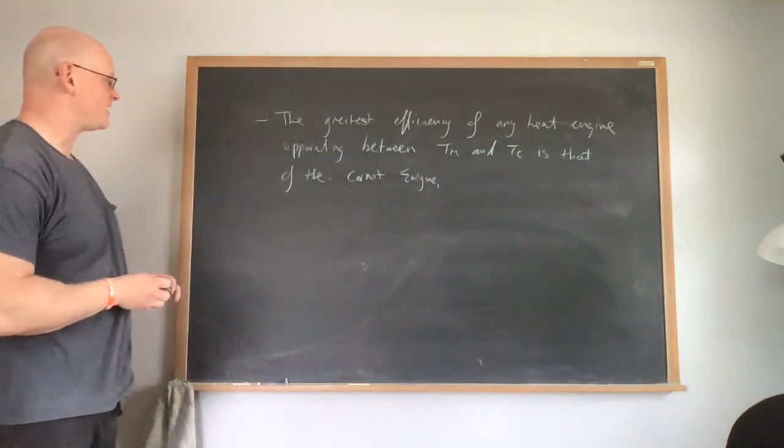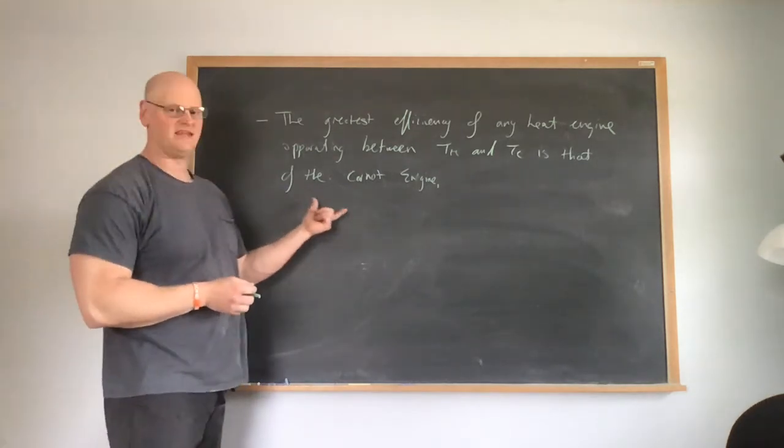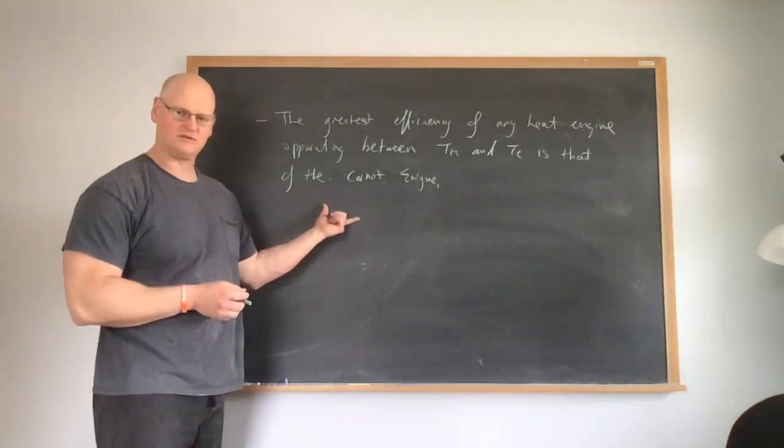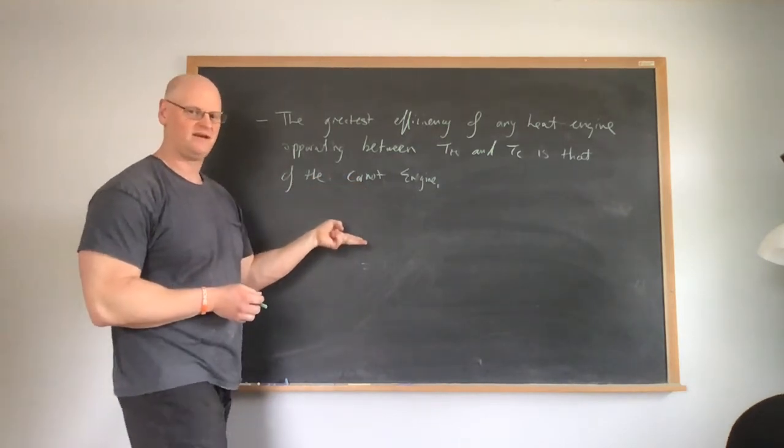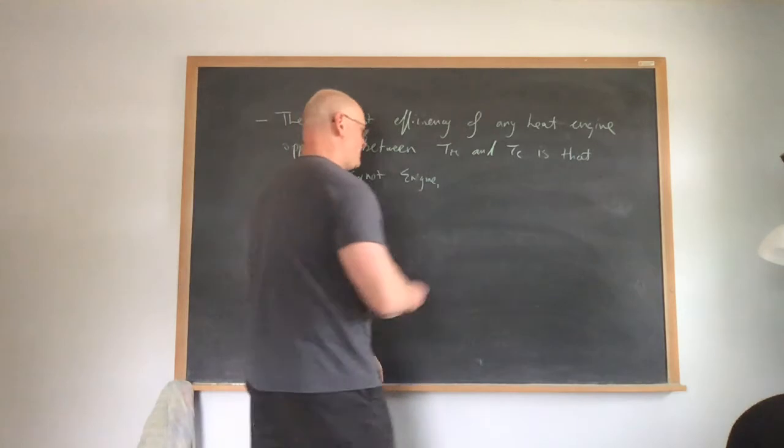Then it goes on further to say that the efficiency of that engine between those two temperatures of T hot and T cold must be less than the Carnot efficiency.